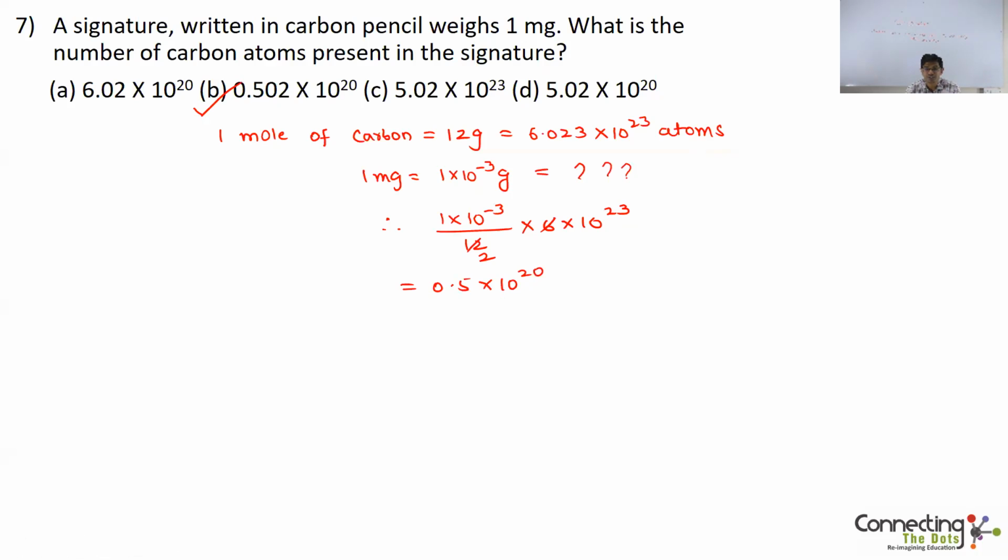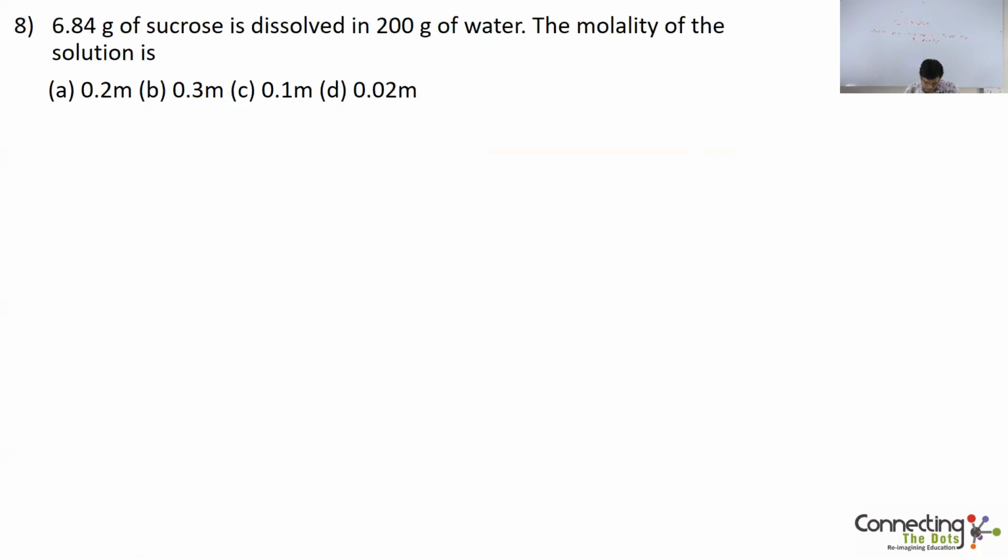Let us look at the next question. 6.84 grams of sucrose is dissolved in 200 grams of water. The molarity of the solution is. So to calculate molarity, we should know the formula. So molarity is nothing but mass of solute by weight of solvent in kg.